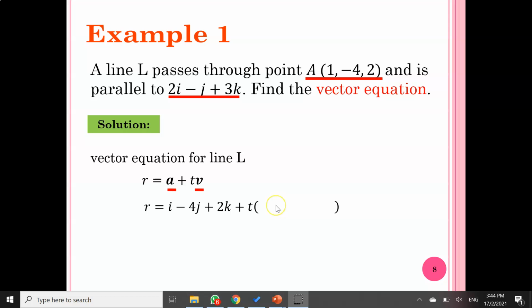Then this is your vector equation. This r you don't have to substitute, because r is actually what your vector equation is. So r equal to these vectors, after you substitute the value of position vector a and direction vector v.